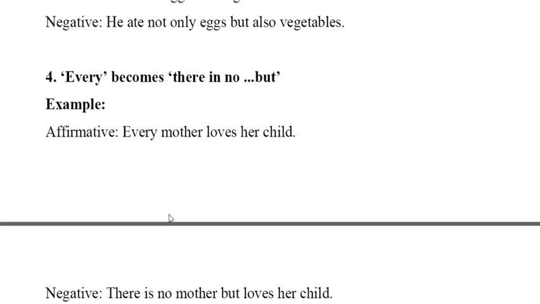Then it comes: every becomes there is no but. Every mother loves her child, so you can change it: there is no, then the subject, but, then the verb and other things. So: every mother loves her child, there is no mother but loves her child.